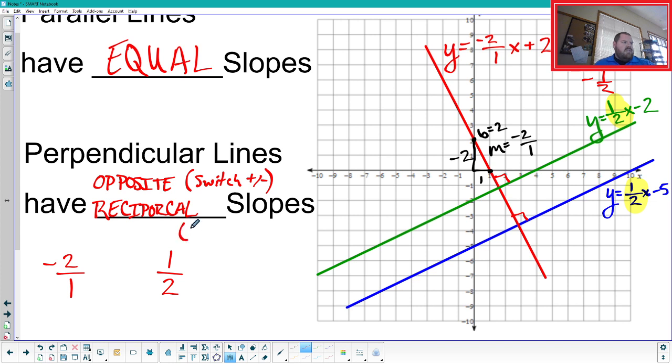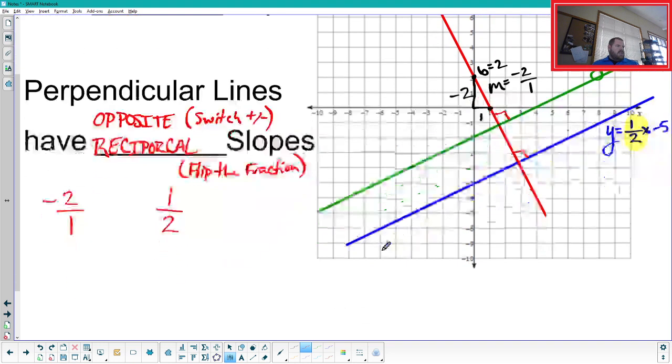And that just means flip the fraction. And that's enough to describe how we come up with perpendicular lines. Perpendicular lines have what we call opposite and reciprocal slopes. So we switch the positive and negative sign and we flip over that fraction.